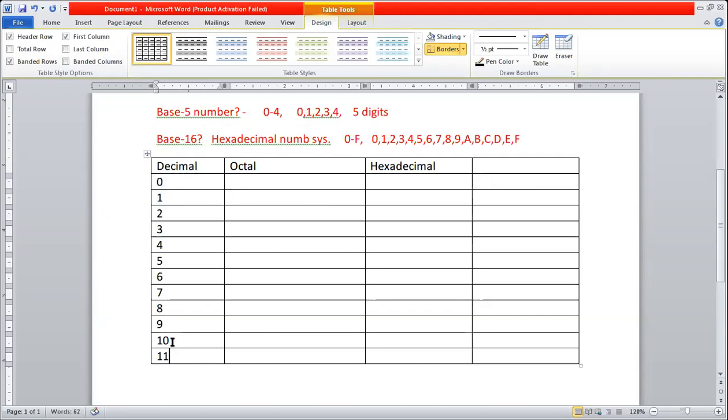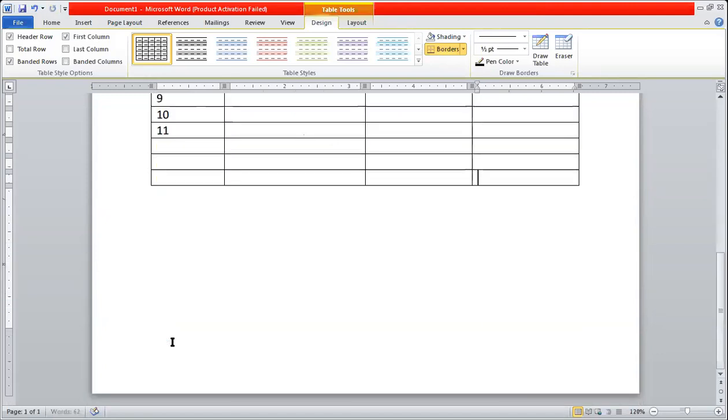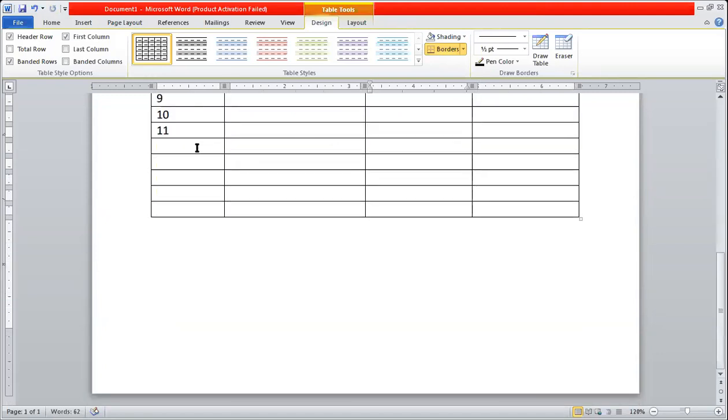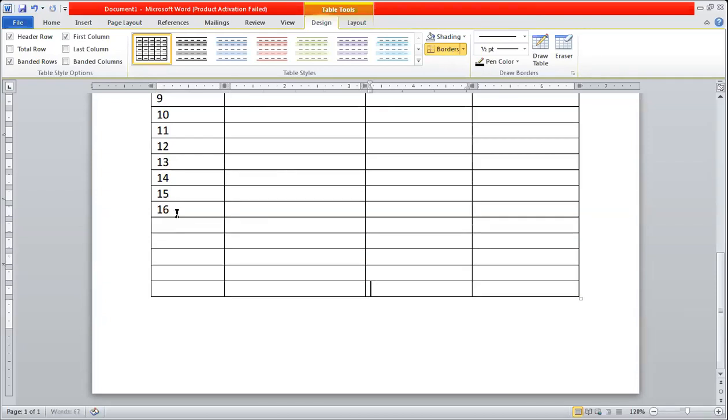Then 11, then 12, up to 15. What after 15? It is 16. Then 17, 18, 19. Then again 20. This is how we represent numbers, correct?